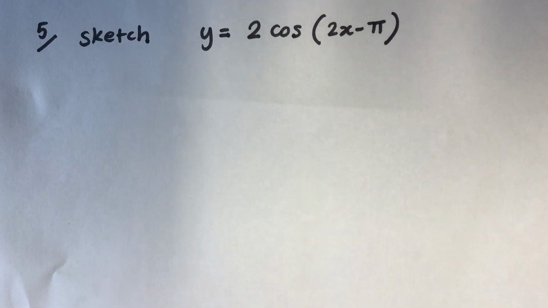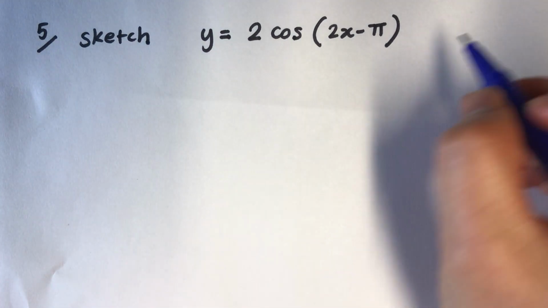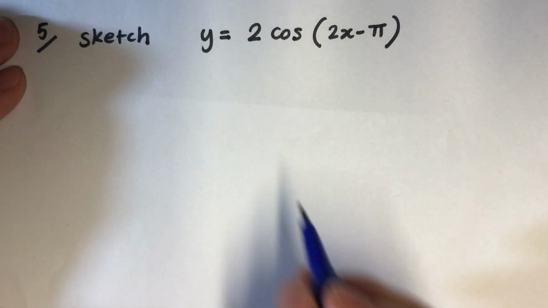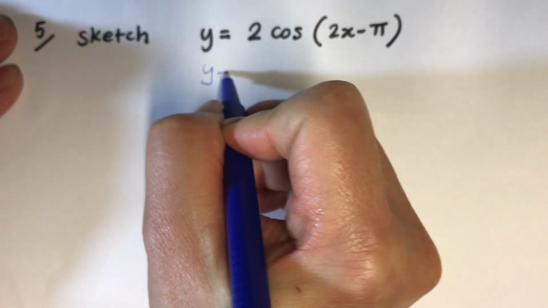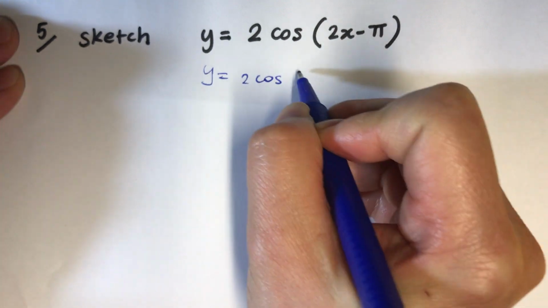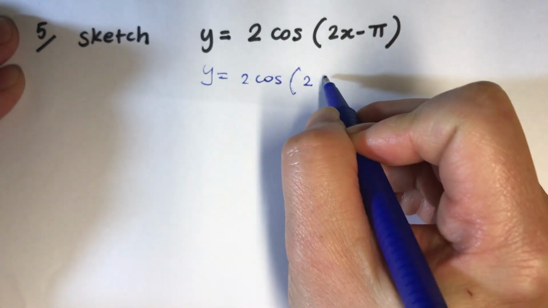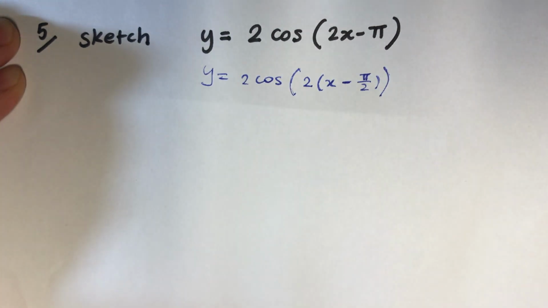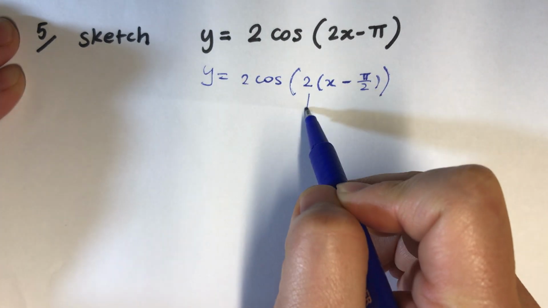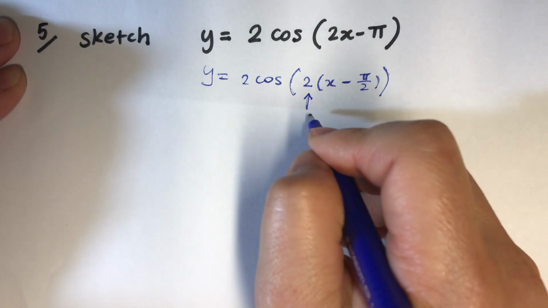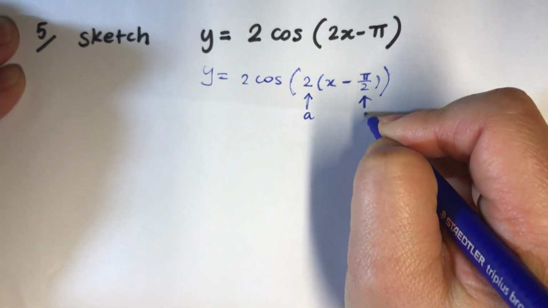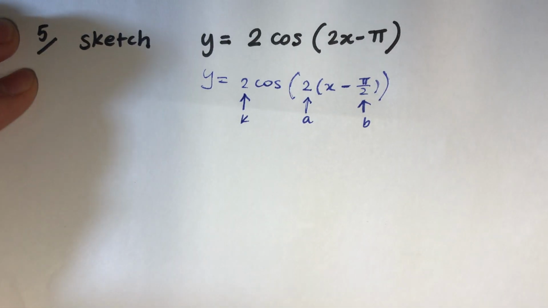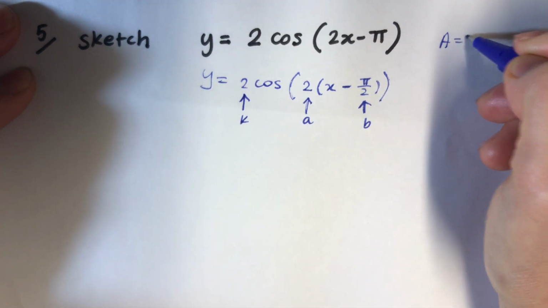Okay, this one we're going to have to think about a little bit more. Now this form, I would change this one into 2 cos, I'm going to take 2 out, leaving minus pi over 2. Okay, so that's my A, that's my B, and that's my K. So my amplitude is 2.